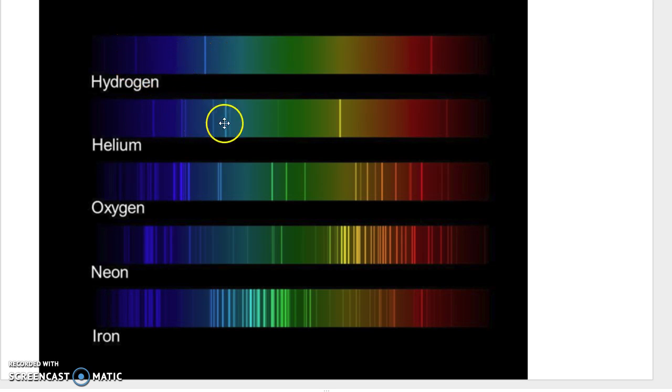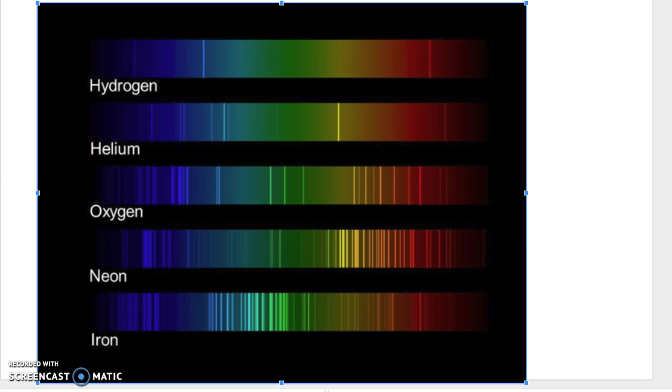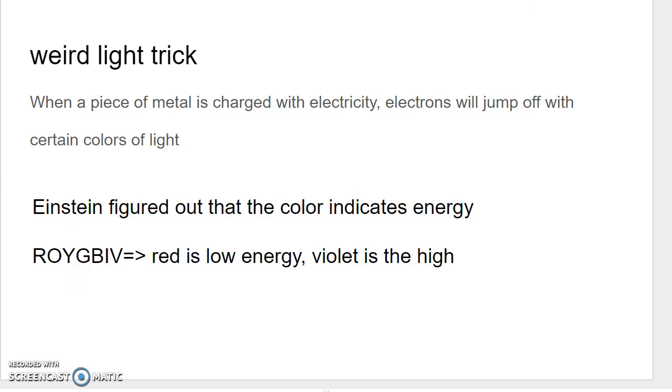Helium has a lot more lines. Oxygen has more still. The amount of lines is not really important. It's that each one is unique to it. So this little line of green for oxygen, oxygen is the only element that will have this line. While the others seem to have a line, if you look closer, they will be slightly different.